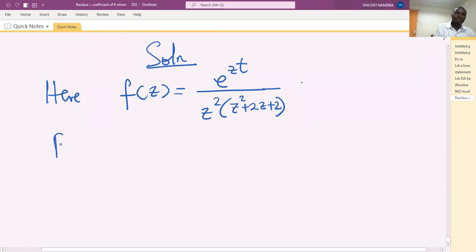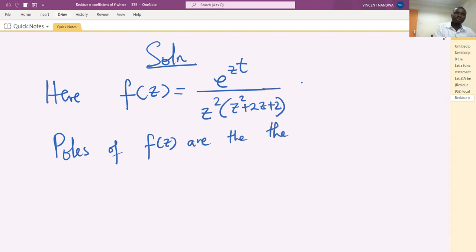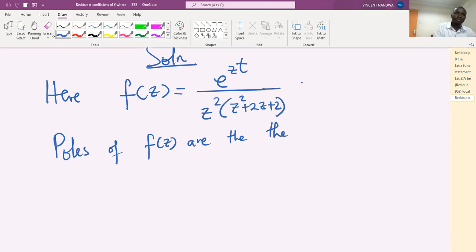So poles of f of z are the roots of the denominator equated to 0.